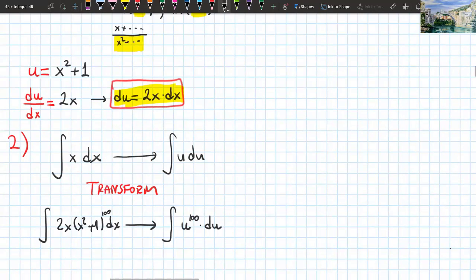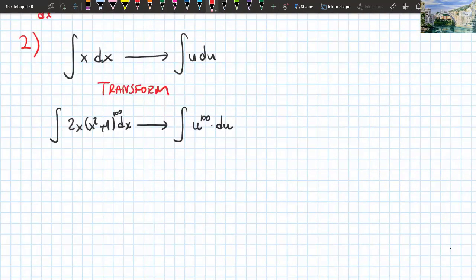The third step is easy. What is the third step? Take the integral. So just integrate. Who will tell me the integral of u to power 100 with respect to u? This is a basic integral.